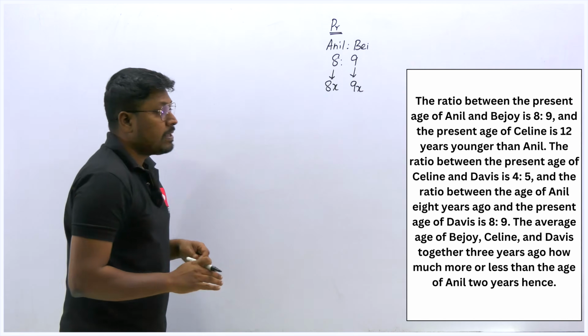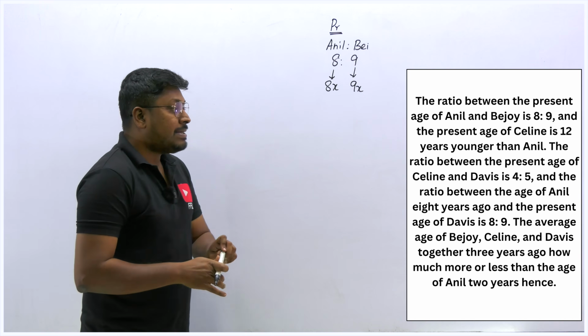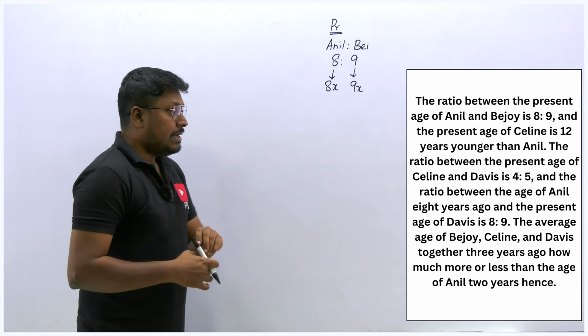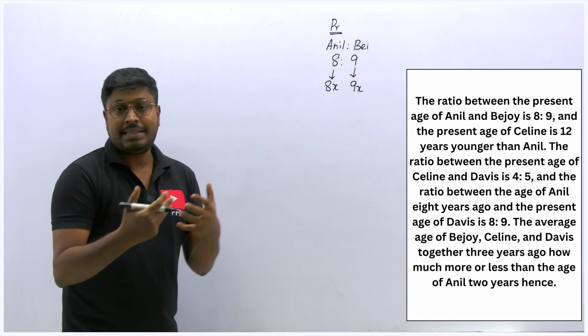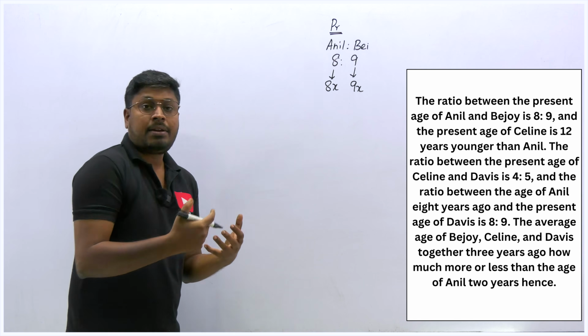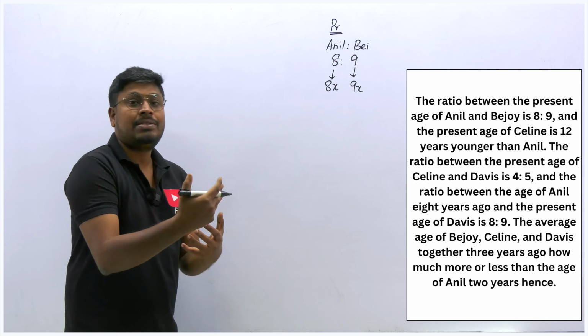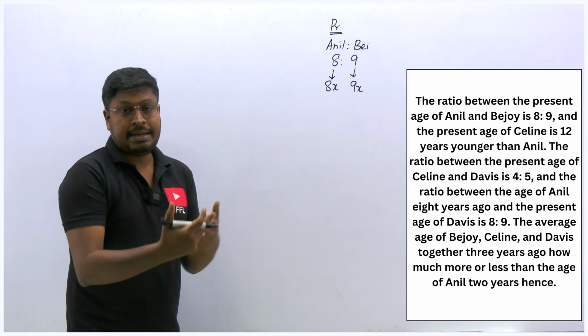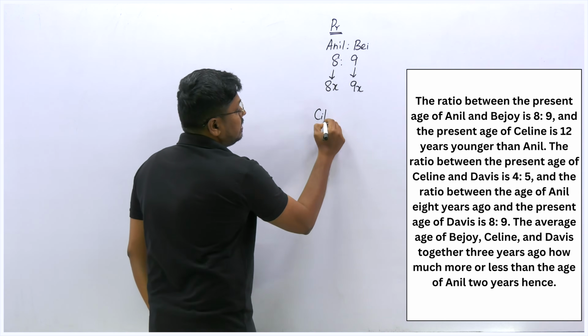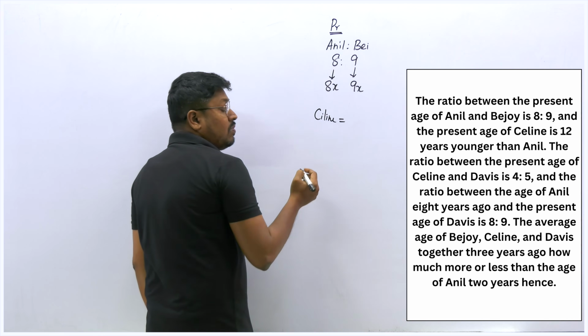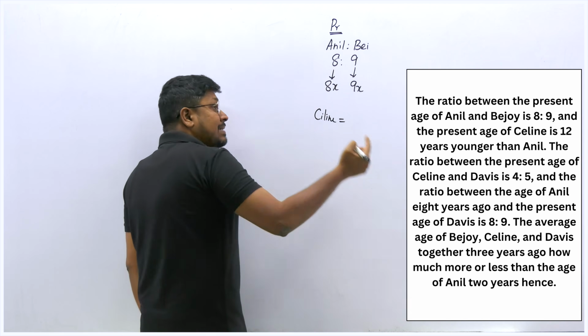Second point, the present age of Silan is 12 years younger than Anil. Younger means when compared to Anil, you have to subtract 12 from Anil's age. So Silan's age is 12 years younger than Anil.